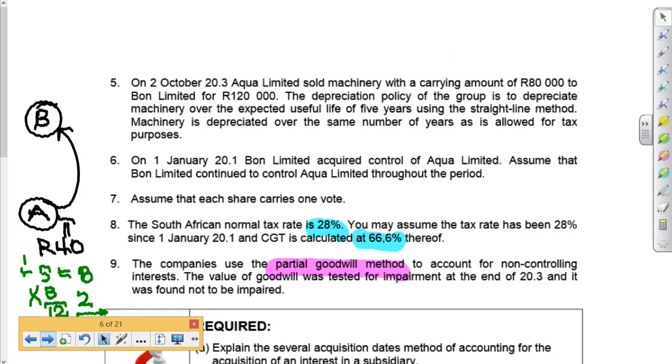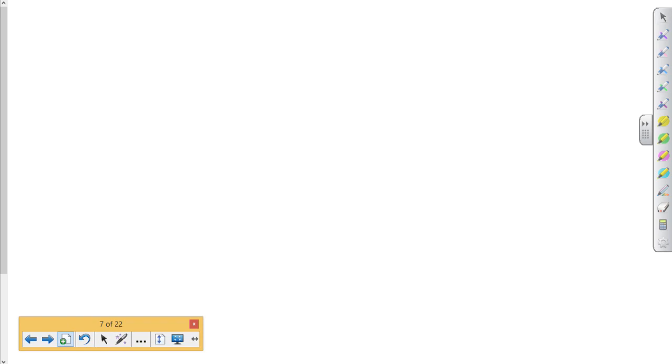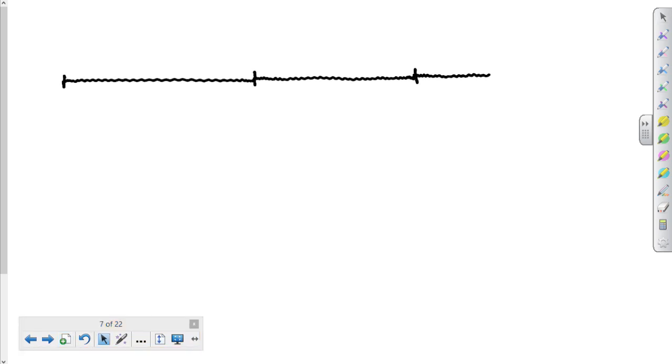So that's that transaction. We've done that piece there. There's nothing there. Let's do the timeline. You happy to do that? Do a timeline. So acquisition, first acquisition, 1 Jan 01. There was retained earnings. And there was a reval, isn't it, that we created.